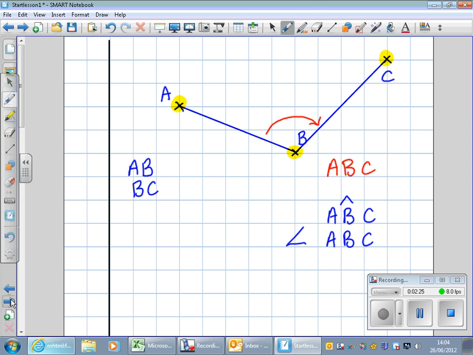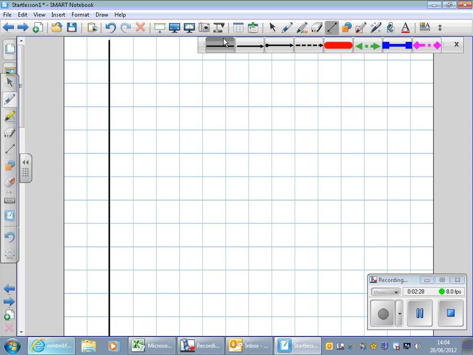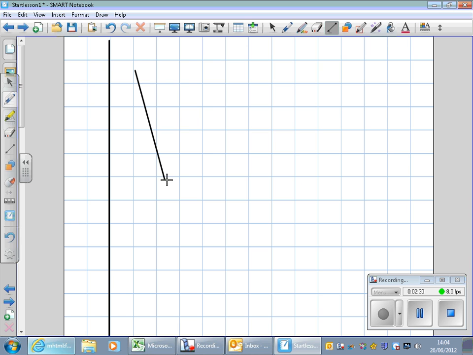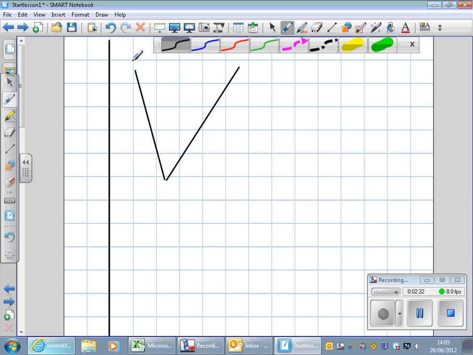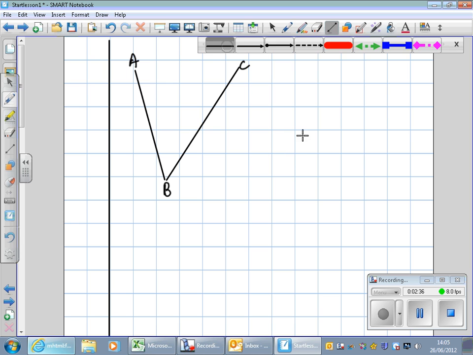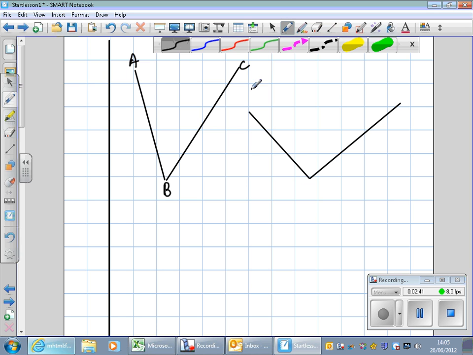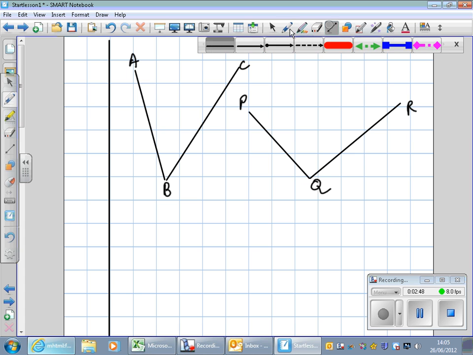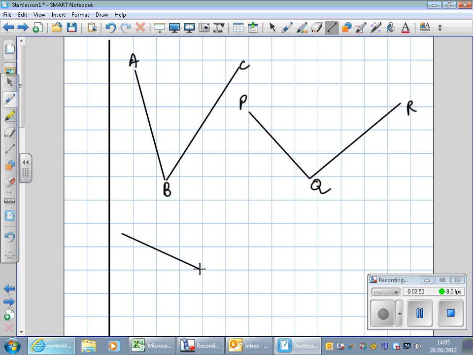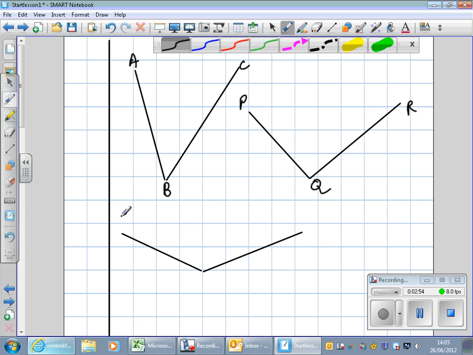Right. What types of angles are there? I'm going to draw some angles now. I'm going to show you the different ways we categorize angles, and in doing so, I'm also going to use our terminology.